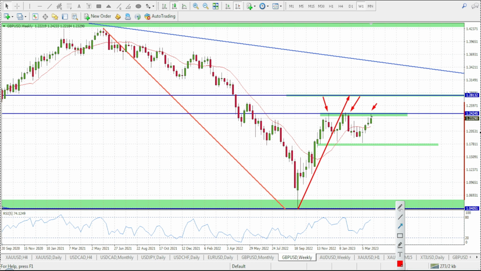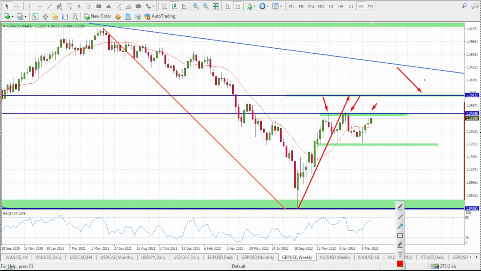So on the weekly, and this is like the start of the month, right? So obviously it seems like in the upcoming week we may see some false breakouts between these two levels.